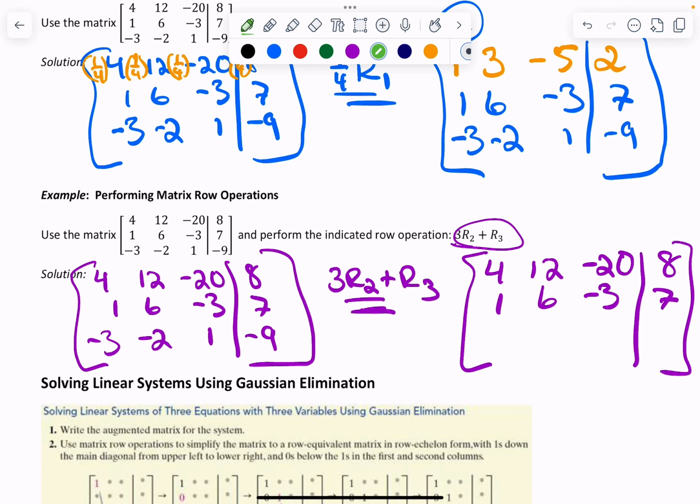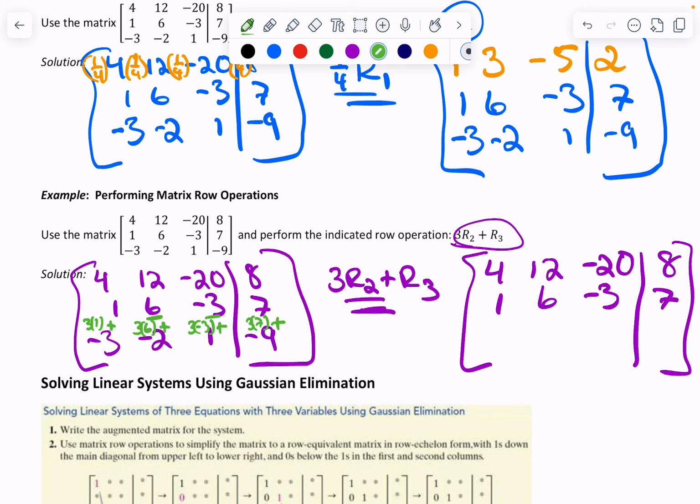So 3 times 1 plus -3. So the corresponding elements. Here we have a 6, so we're going to do 3 times 6 plus -2. Then -3, so 3 times -3 plus 1, and 3 times 7 minus 9.